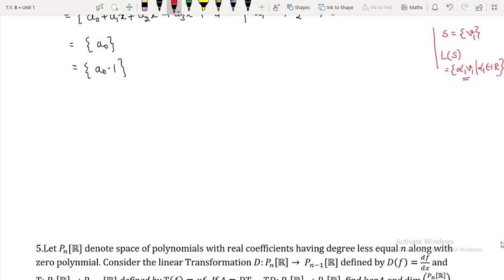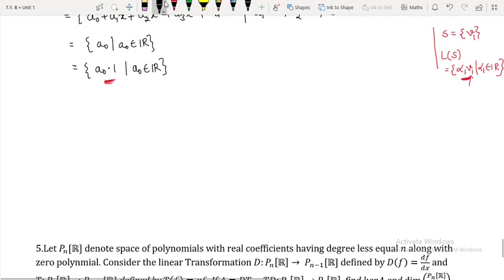Just observe this properly. I will clarify one thing, this is important: such that a0 belongs to R, and over here also a0 belongs to R. Now compare this one and this one, and you can see that our value of v1 is nothing but 1.